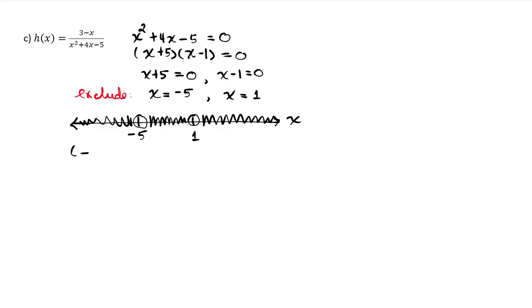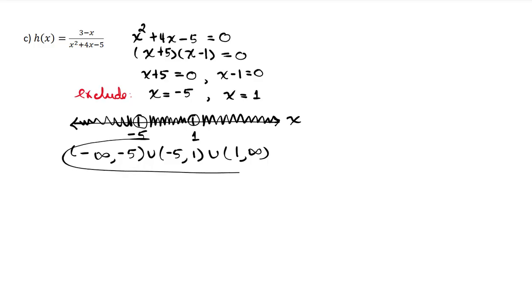And so in interval notation, it's a set of -infinity to -5, union our next subset, which is between -5 and 1, and then union our last subset, which is from 1 to infinity. So this is the domain of h of x.